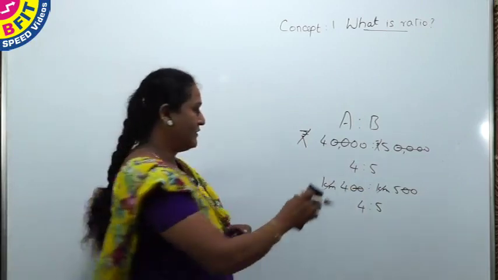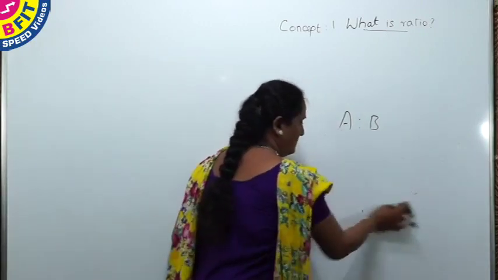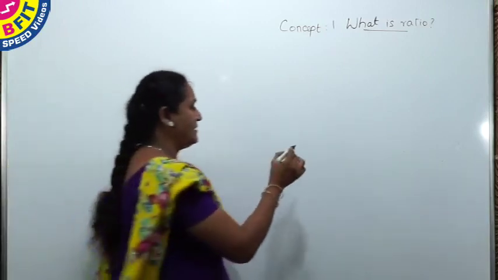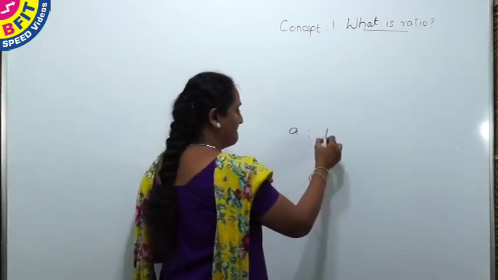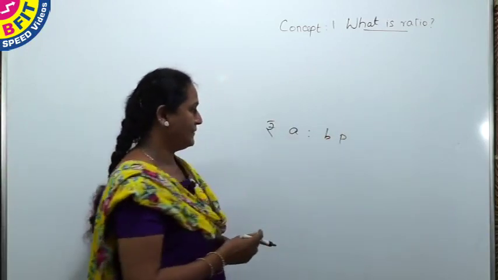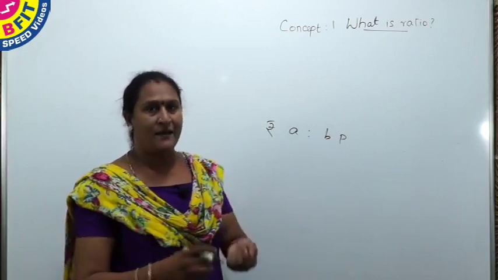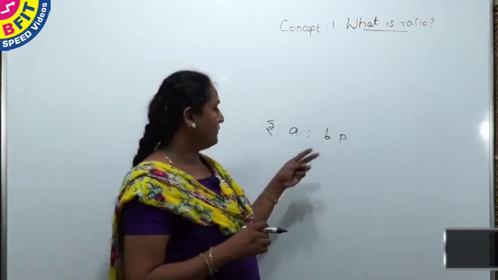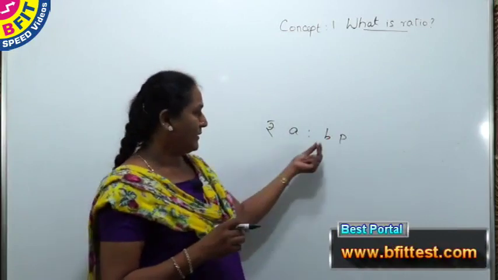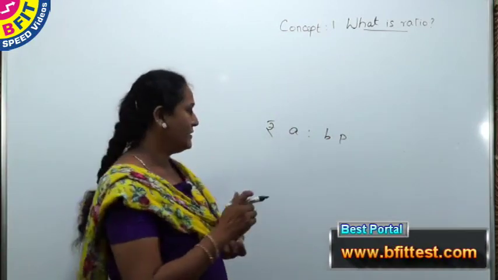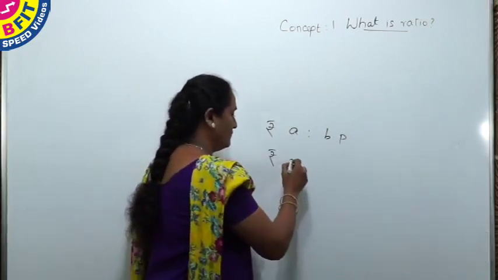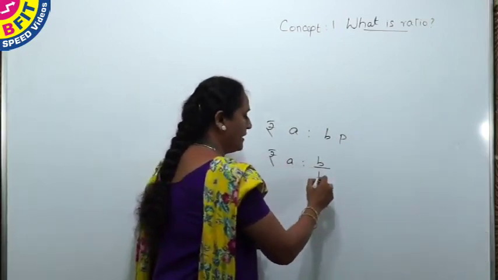So if suppose we have a ratio like A is to B, where this is in rupees and this is in pies. Here they are comparable because you can convert rupees to pies or pies to rupees. When we convert this pies to rupees, 100 pies is 1 rupee, so it is B by 100.